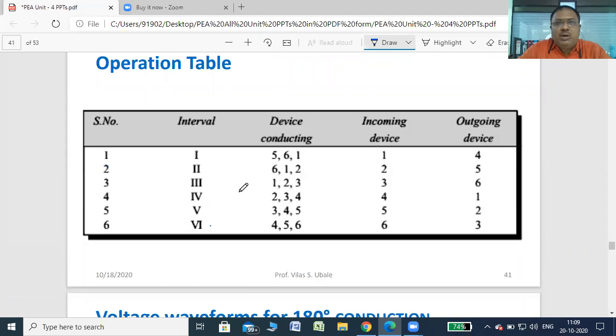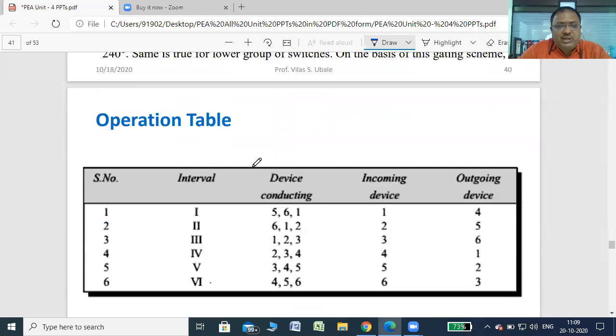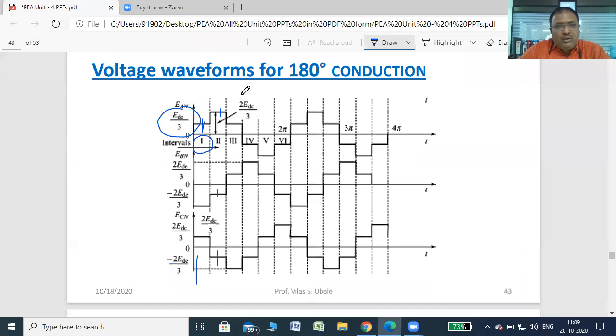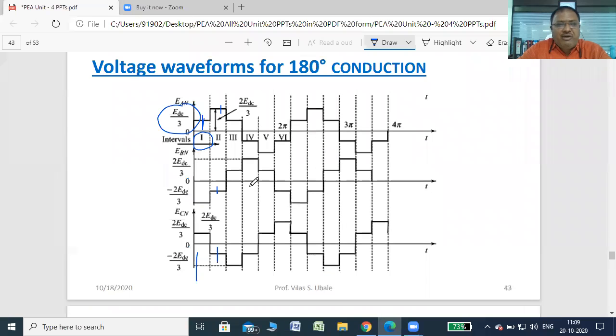Do you understand the working of this three-phase inverter with the help of this operation table and these waveforms? Don't see the levels. I will explain the 2 EDC by 3, then EDC by 3, minus 2 EDC by 3, and how they come, with the help of the equivalent diagram.